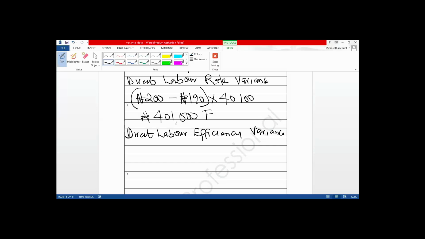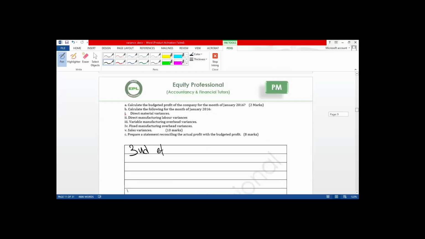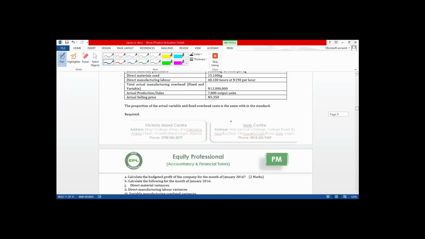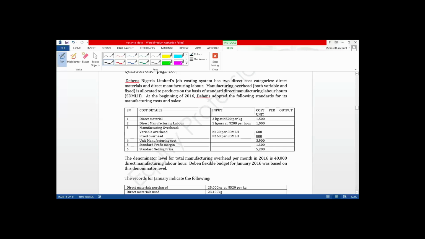Our actual production is 7,800. And to produce one, management said 5 hours. So how many hours are you supposed to use? 39,000. You pick that 7,800 and multiply by 5 hours.